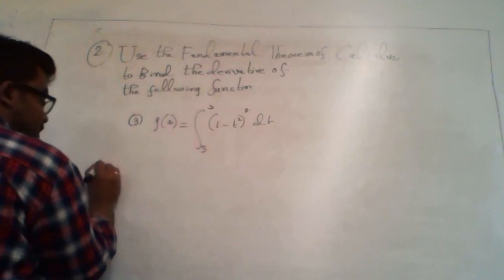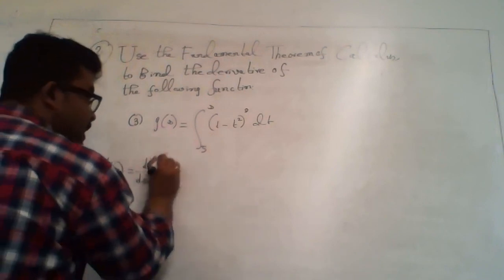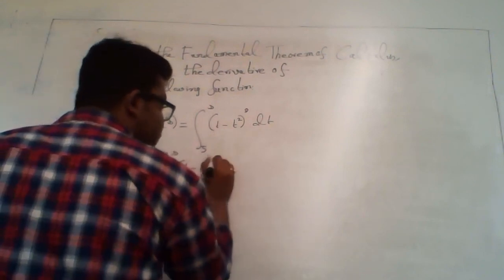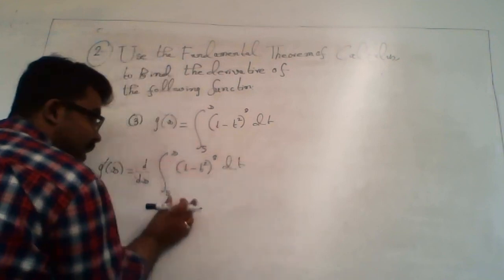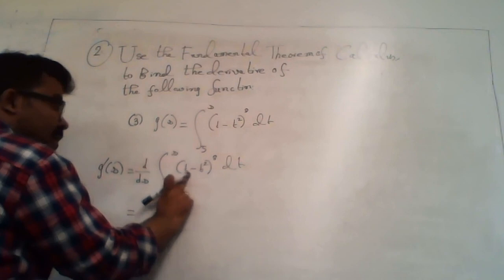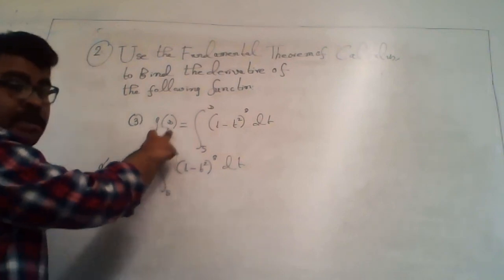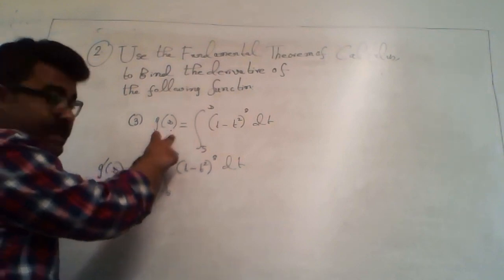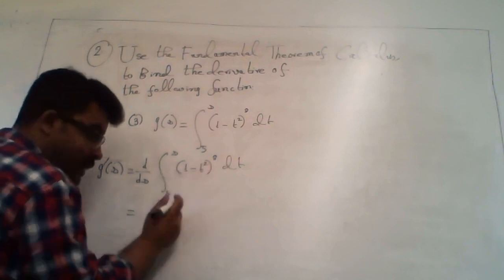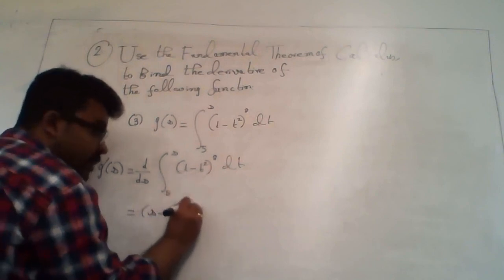So g prime s will be d/ds of the integral from 5 to s of (t minus t squared) to the power 8 dt. You have an integral and then you are taking the derivative, so they will cancel each other. I will be left with whatever was inside, but with this t replaced by the variable of my original function. The variable of my original function was s. So the answer is (s minus s squared) to the power 8.